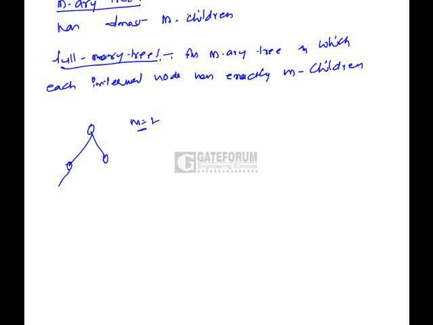So if we take a full binary tree like this, let us suppose the root is at height 0, then height 1, and this is at height 2. So the height of this tree is 2, and here the number of leaves is 1, 2, 3, 4. That means 2 power h. Here L is equal to 2 power h. This is an example of a full binary tree.